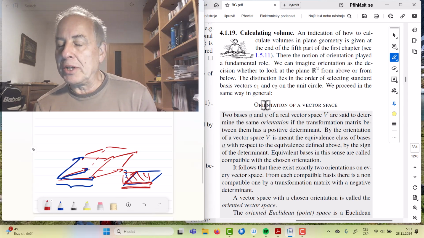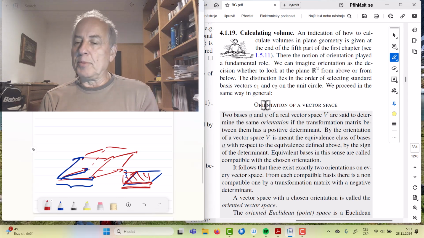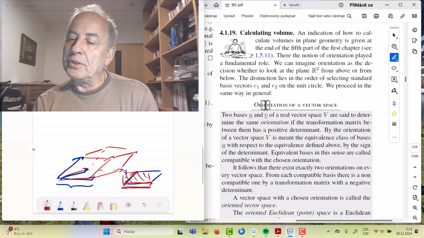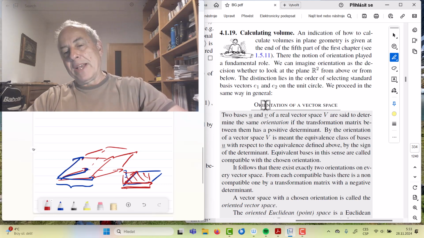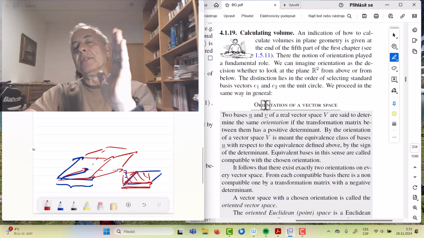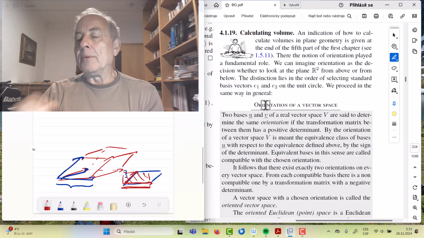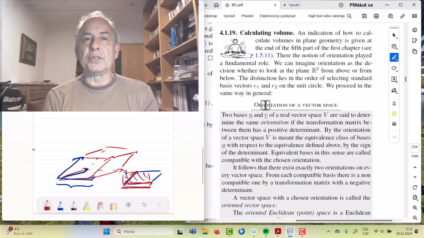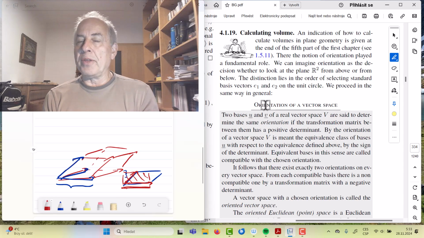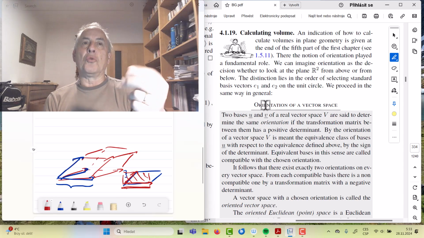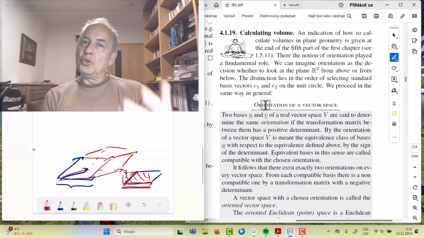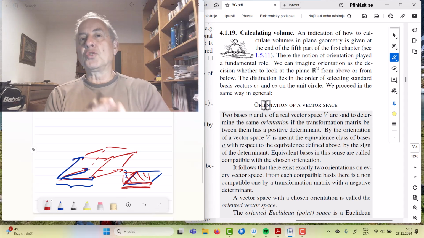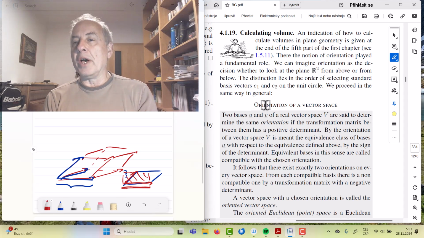We saw it already in the first weeks, because there I claimed that by defining it by this height, base times height times height, it automatically shows that it's linear in each argument. If I have as many arguments as the dimension, and I want the thing to be antisymmetric, so changing the order of two of the arguments should change the sign, then there is just one option up to a scalar multiple.